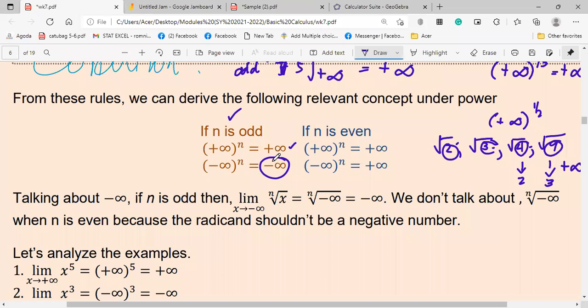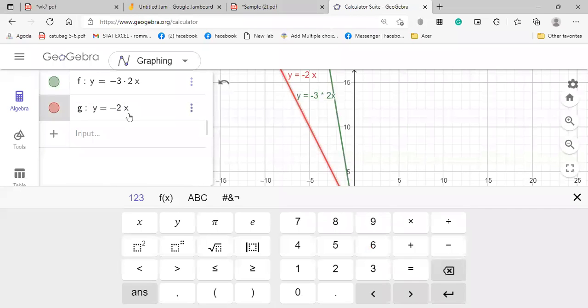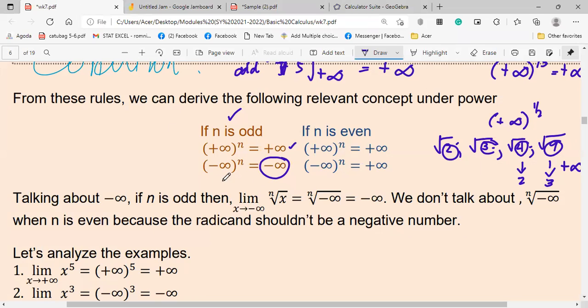Okay? Yan yung rule na ginagawa niya. When that keeps on increasing, pwede tayo mag-trial. So parang ito. Y equals 2x keeps on increasing, right? Ano yung sinabi ng rule?